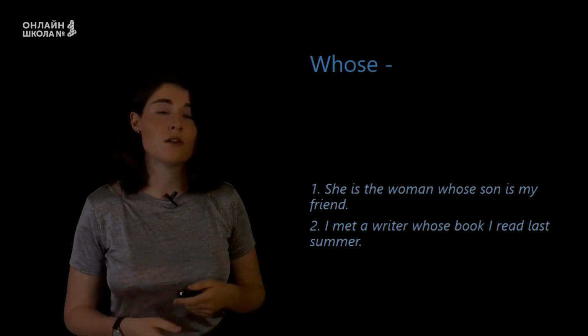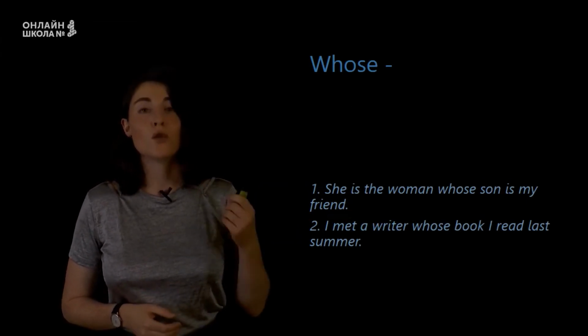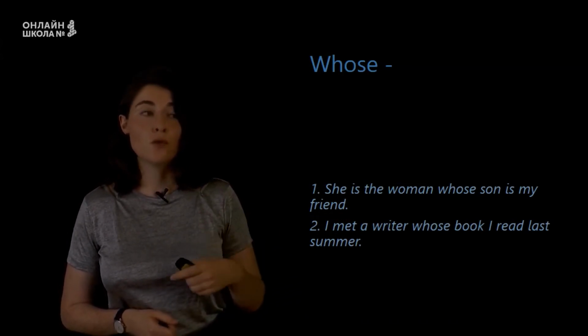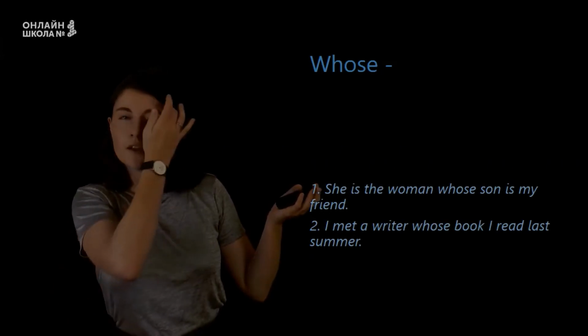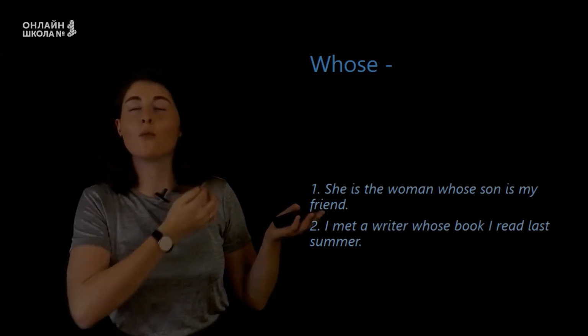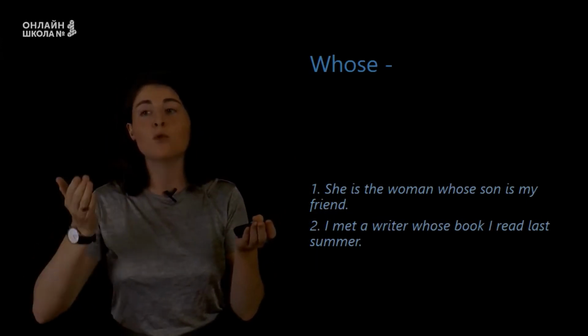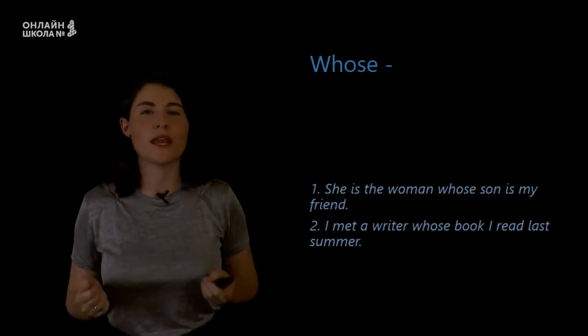Next relative pronoun is whose. Example. She is the woman whose son is my friend. I met a writer whose book I read last summer. So, here in the first sentence, a woman whose son, we are speaking about some relationship. We have a woman and her son. This is their relationship, отношения.